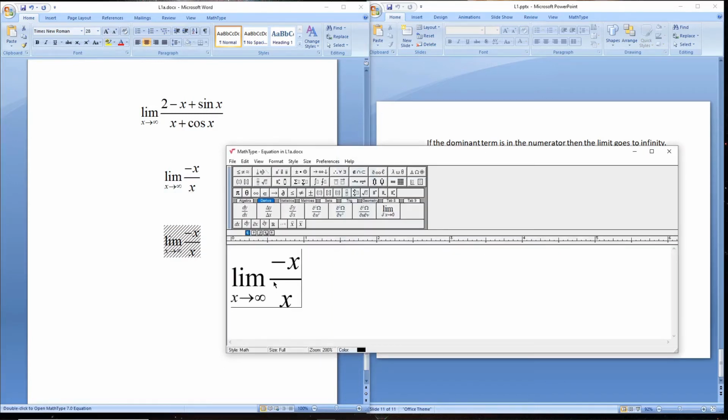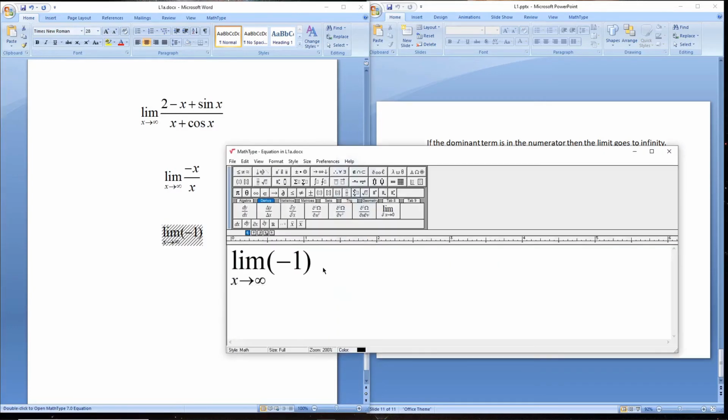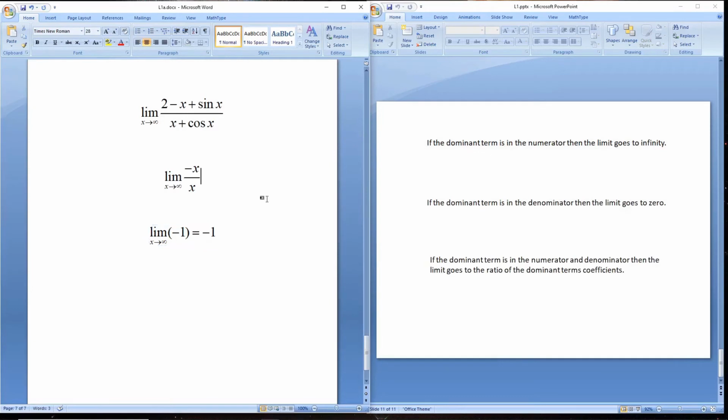And this simplifies minus x divided by x to -1. And now this is a point where I wish we were all in class, because this is where I would say, let's say it all together. The limit of a constant is always that constant. And that's our answer.